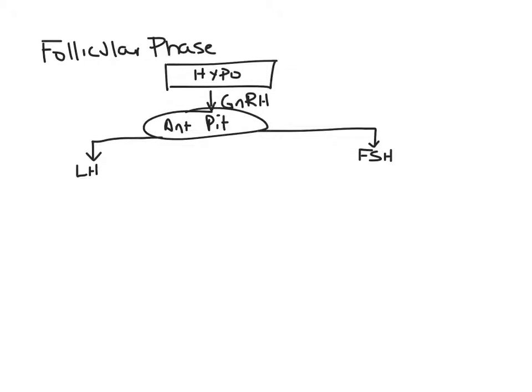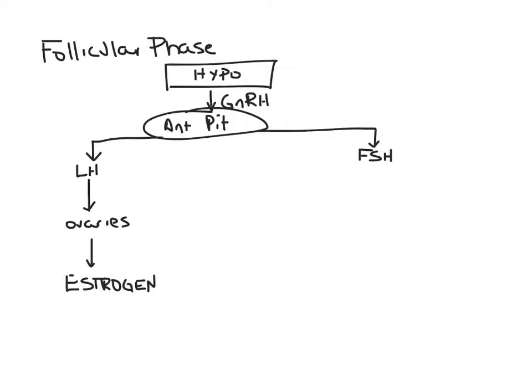Okay, and what happens is LH goes to the ovaries, and starts telling the ovaries to produce their hormone, that is estrogen, which is the female sex hormone.